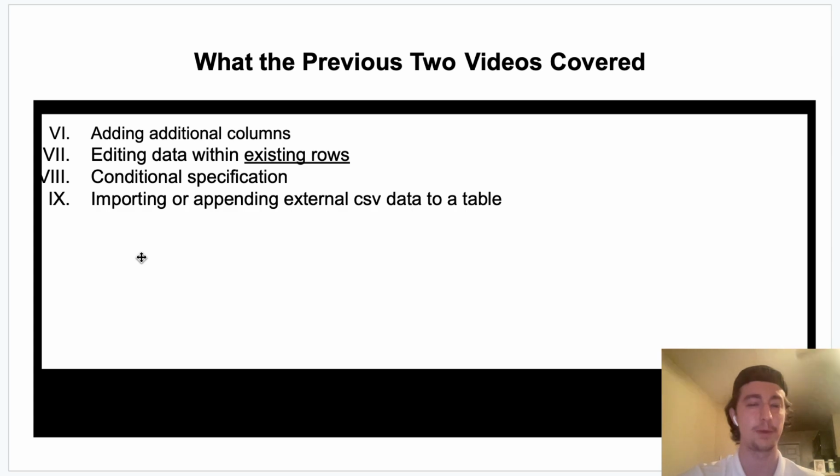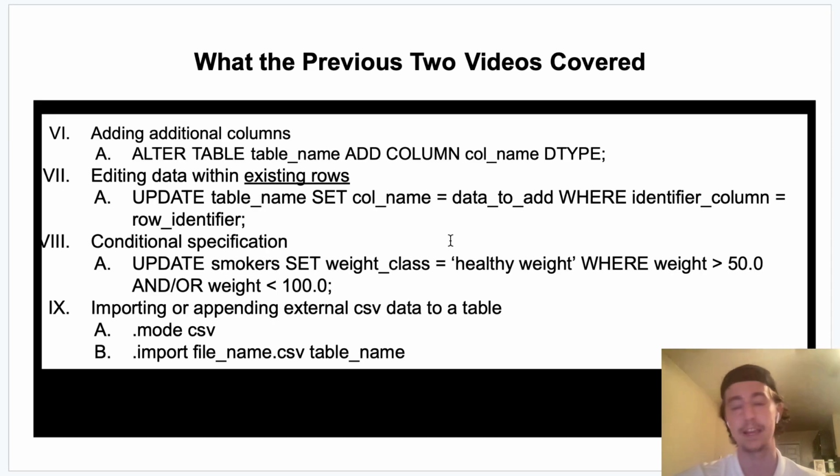We've looked at a little bit of conditionals and further specifying our queries, and a little bit at importing and appending external CSV data. And you can see how we were able to import via CSV and essentially paste it right into a table that we already have.